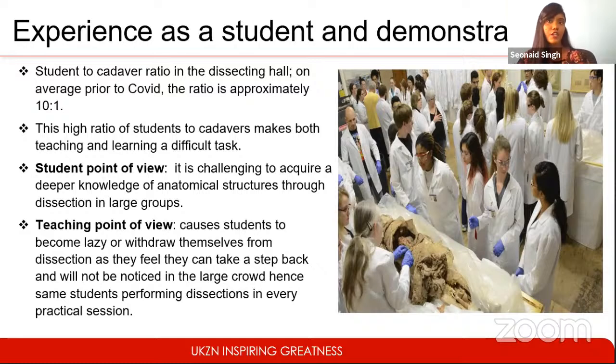And then they often tend to leave the same students to perform the dissections while they take a step back. So I believe that if we had more body donors and people who are willing to donate their bodies, as well as family bequests, we would be able to acquire more cadavers for dissection, and it would reduce the student to cadaver ratio, and in so doing, alleviate these problems and make the teaching and learning aspect much easier.